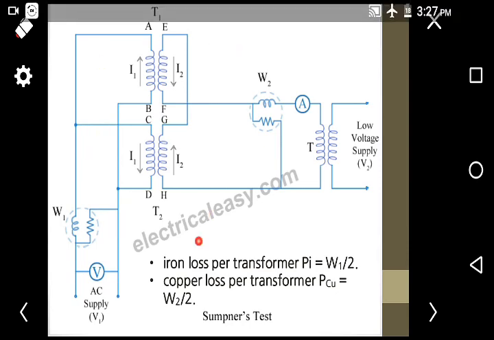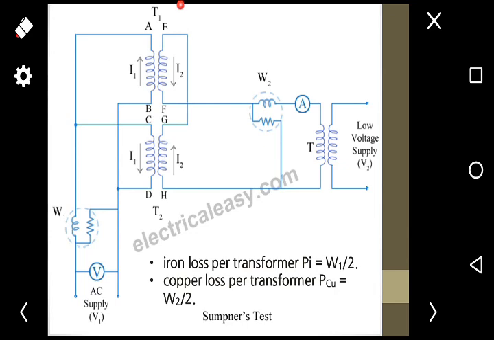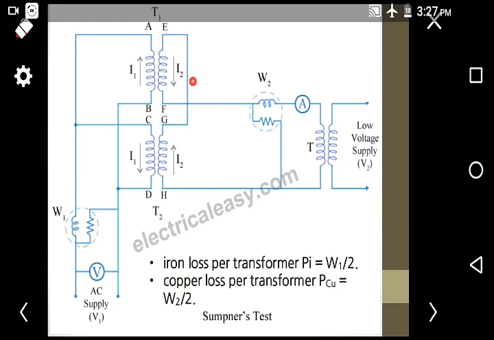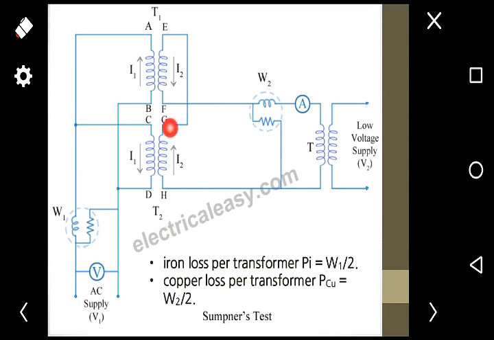In the circuit diagram, T1 and T2 are the identical transformers. Secondaries of them are connected in voltage opposition, that is, the induced EMF across terminals E and F and the induced EMF across terminals G and H are equal and opposite in direction.